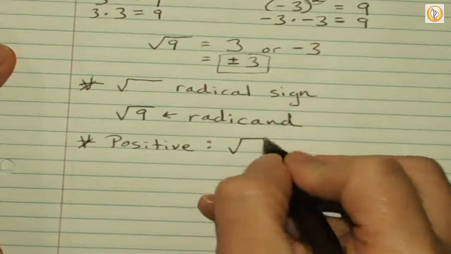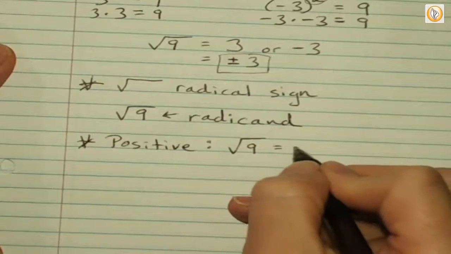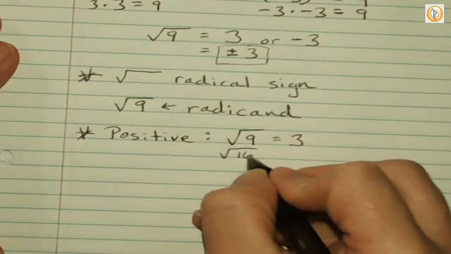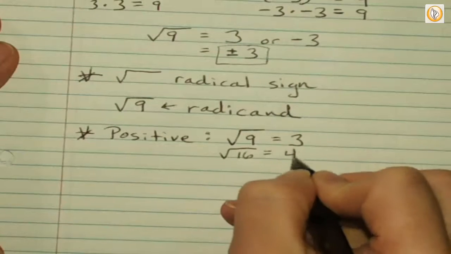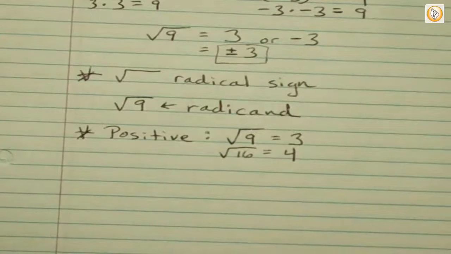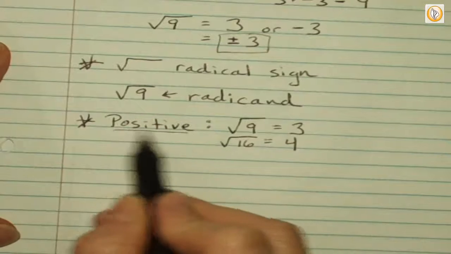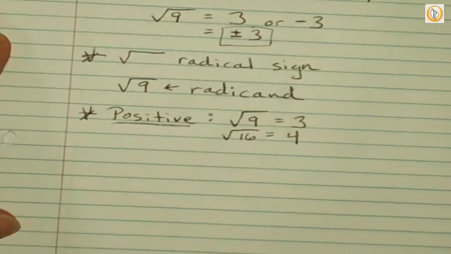What's the square root of 9? 3. What's the square root of 16? 4. You just said it could be. Just write it down. I said positive. See the word positive?